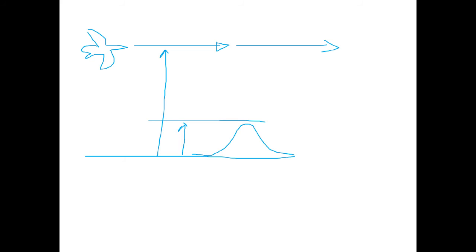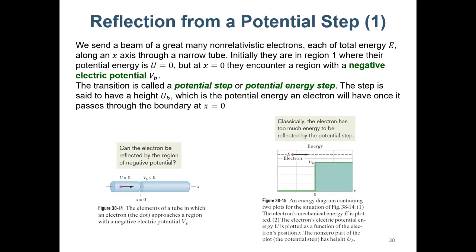However, in the quantum world, it really has some influence on the particle. Here we consider a potential step, something like this. If the electron has a higher kinetic energy than this potential energy, in the classical world the electron can really go through it without any block by this potential step.